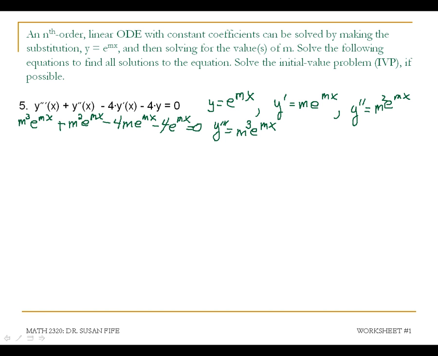You have the e to the mx in common, so you can factor that out. Factoring out e to the mx leaves you with a second factor of m to the third plus m squared minus 4m minus 4.